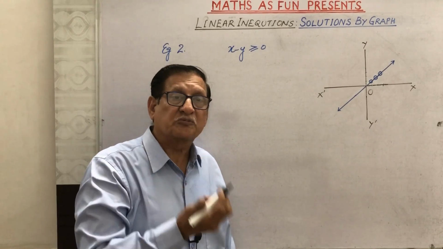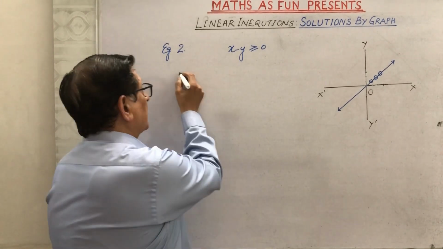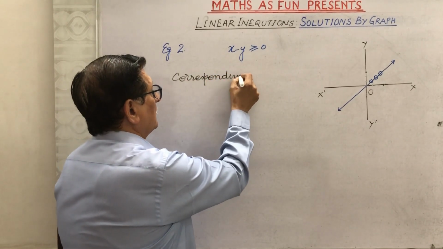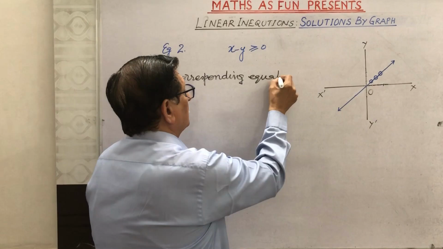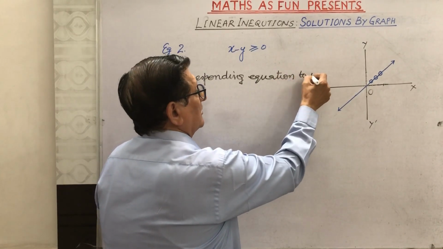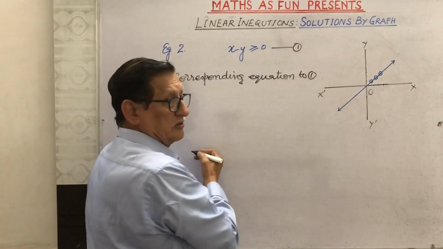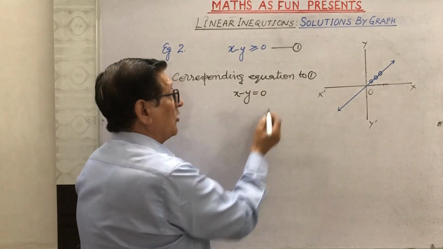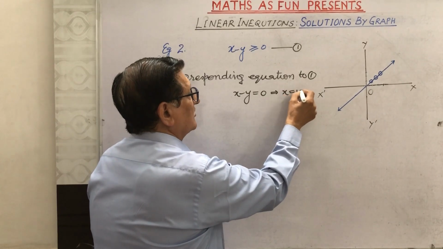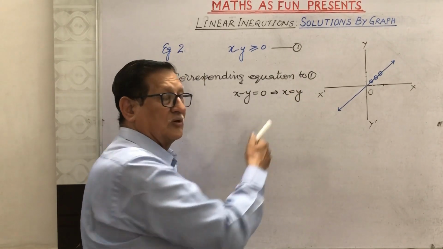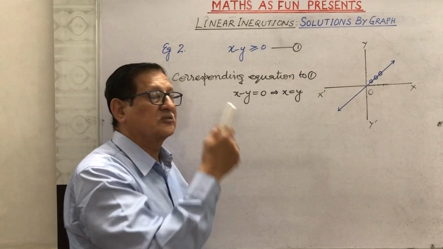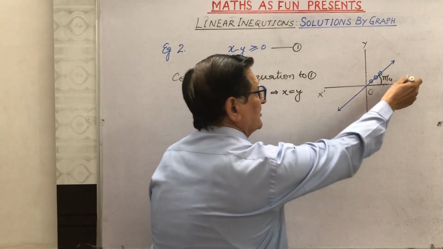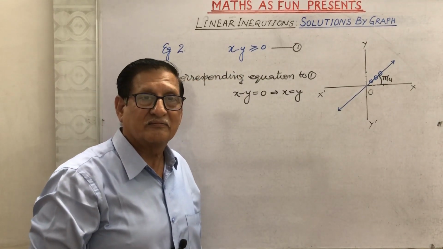First we will write the corresponding equation to 1, that is x minus y equal to 0. Or we can write x equal to y. x equal to y means the slope of this is 1. This is making an angle of 45 degree or pi by 4 with the x-axis.